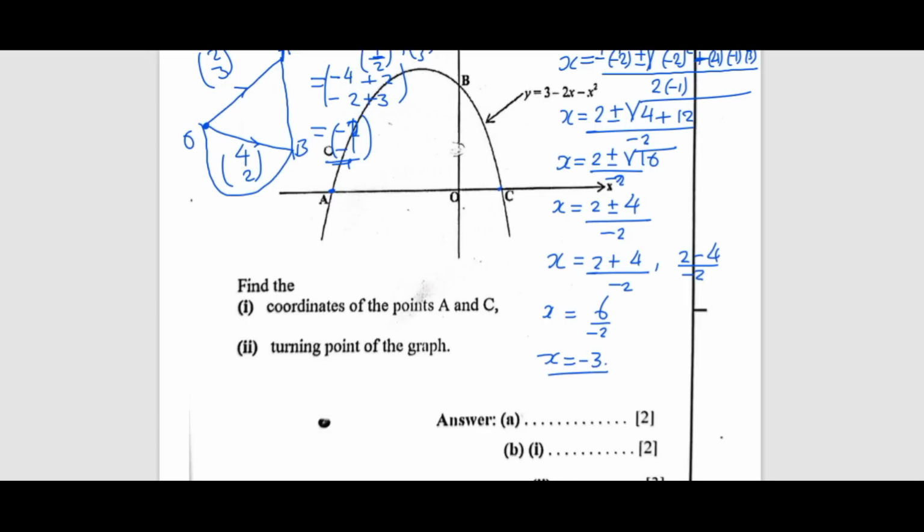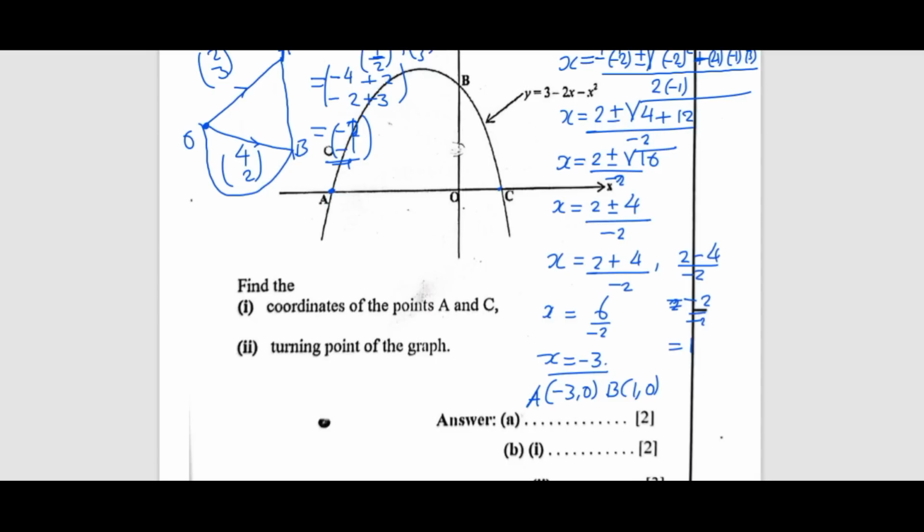Then here we are going to have 2 minus negative 4 is negative 2 over negative 2, which is giving us positive 1. So we are going to have negative 3 comma 0, 1 comma 0. So you can see that A is on the negative part, so A will be negative 3 comma 0, B will be 1 comma 0.